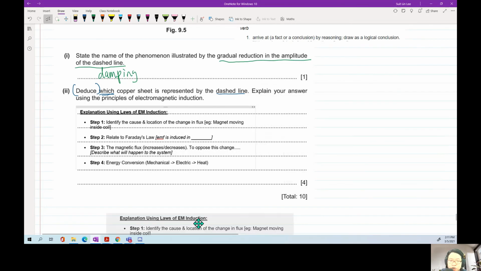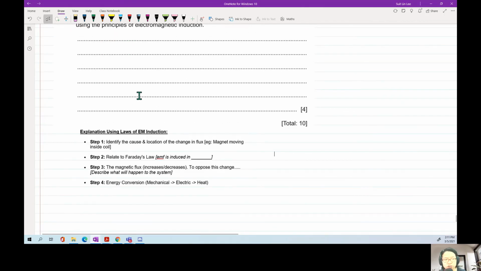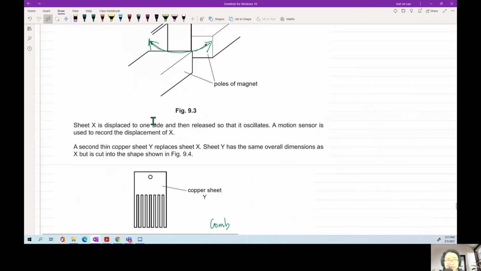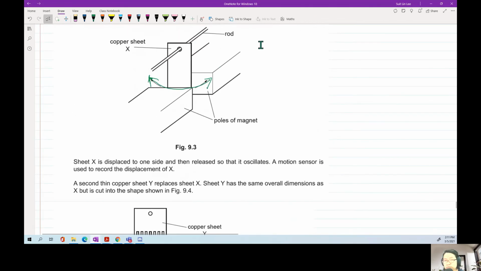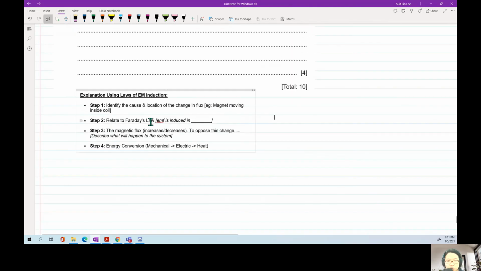Okay. So when we explain something using laws of electromagnetic induction, we will identify the cause and location of the change in flux. For example, the magnet moving inside the coil, or in this case, the copper sheet oscillating between the poles of the magnet. And then after that, we will relate it to Faraday's law.